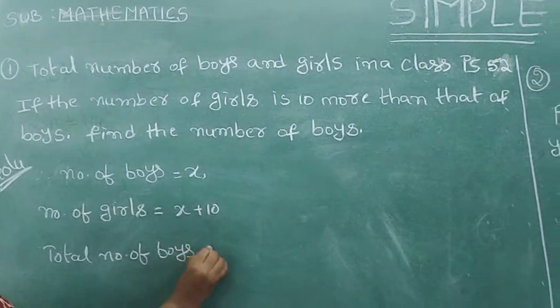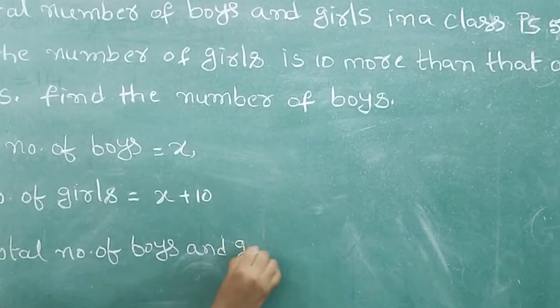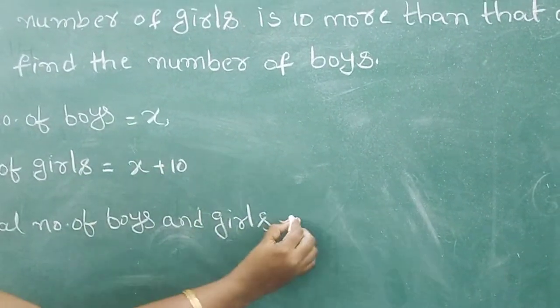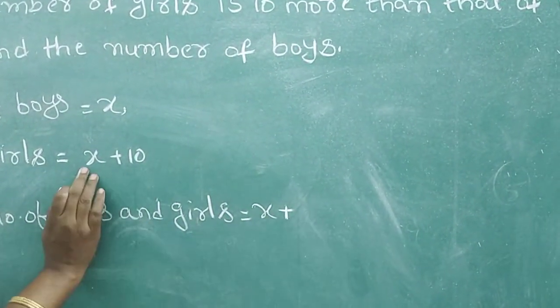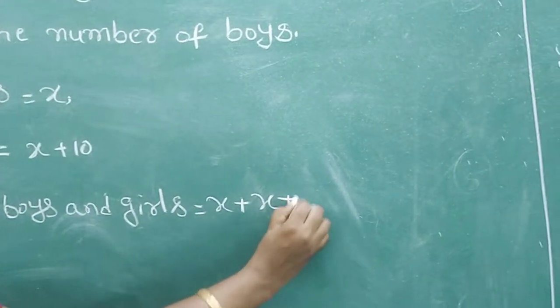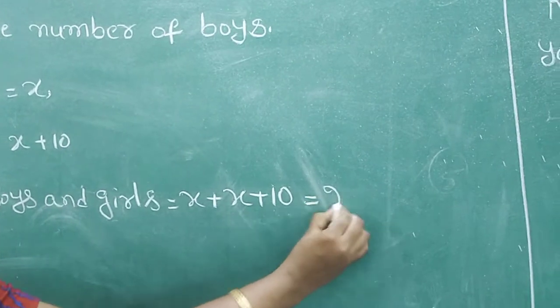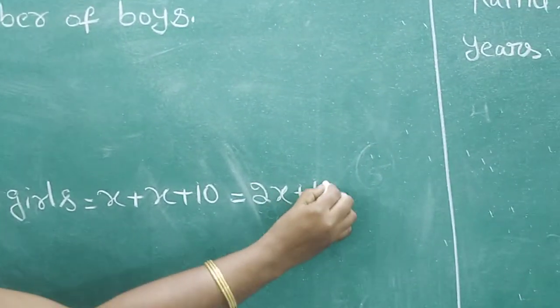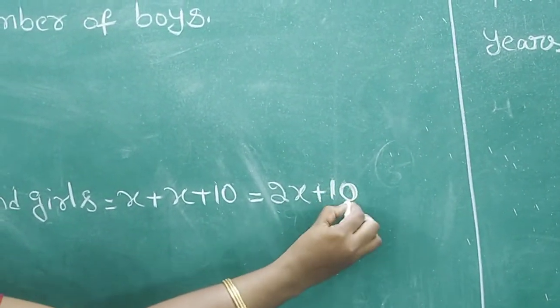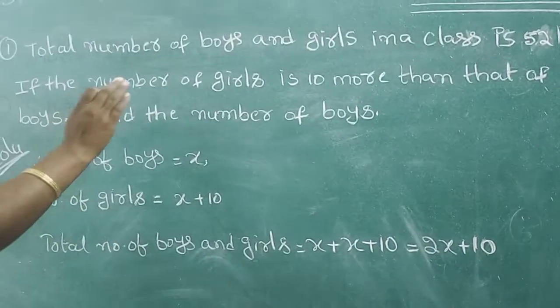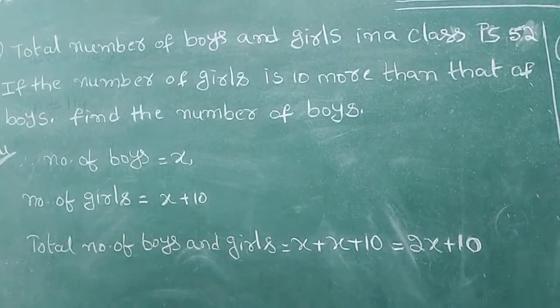Total number of boys and girls is boys x plus girls x plus 10, that is 2x plus 10.